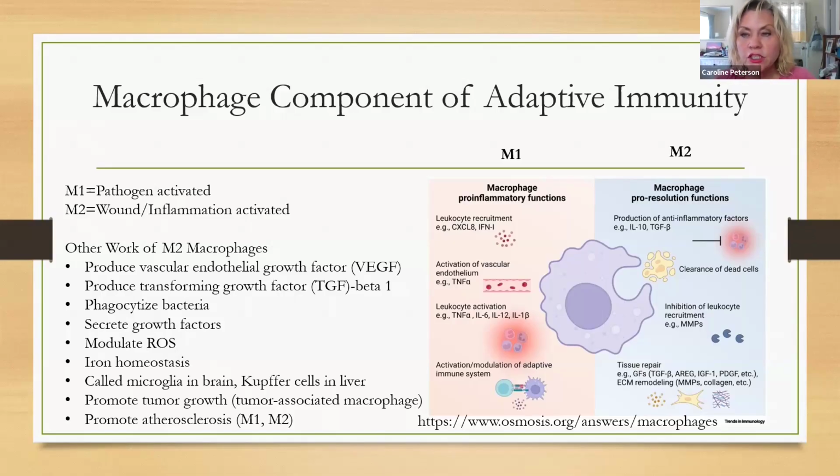And we'll have polarization of those naive macrophages into either M1 or M2. So M1 is the pro-inflammatory macrophage. M2 is the pro-resolution or anti-inflammatory macrophage that is associated with GLP1.